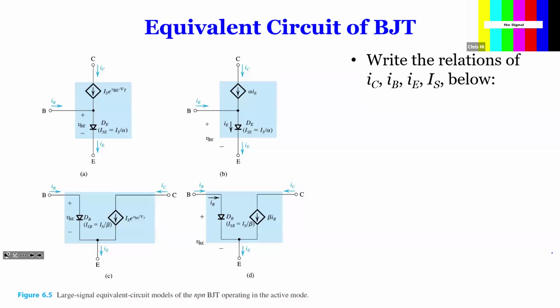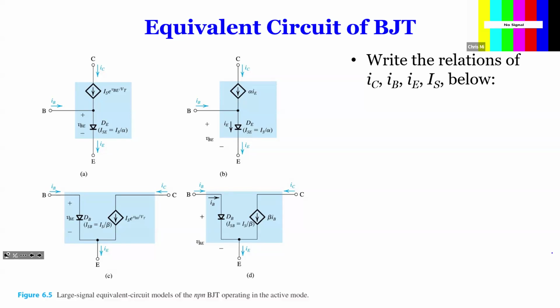So it's a diode between base and emitter. In order for this transistor to be conducting, VBE has to be 0.7, or sometimes we'll say about 0.5. Then the collector current is given by the equation IS times e to the VBE over VT. That's the current in the collector, and the difference of these two currents is IB. So this is a very simple equivalent circuit for a BJT.